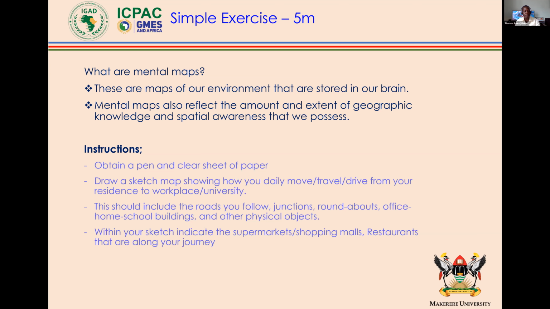So the exercise is about mental mapping, or it's about a mental map. So what are the mental maps? So these are maps of our environment that are stored in our brain. Mental maps also reflect the amount and the extent of the geographical knowledge and spatial awareness that we possess.